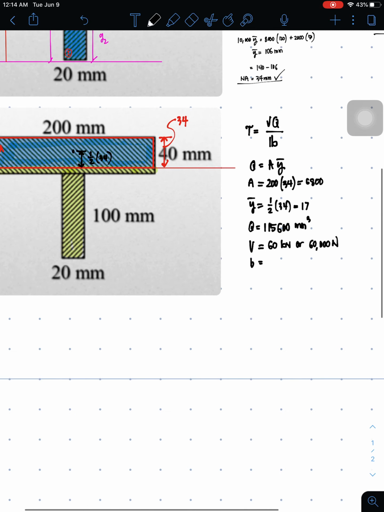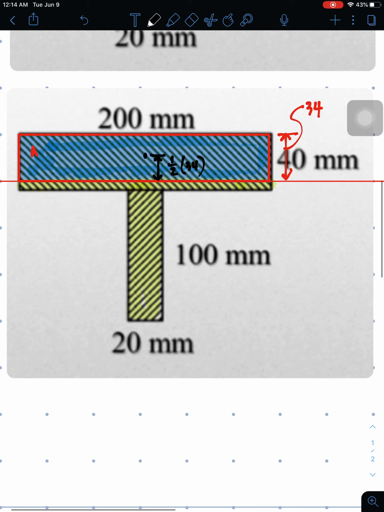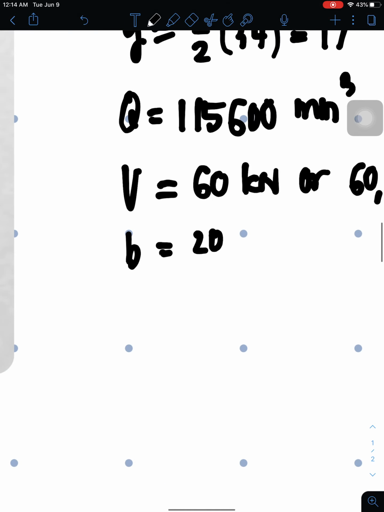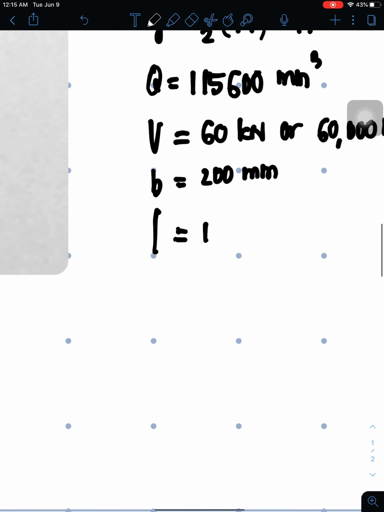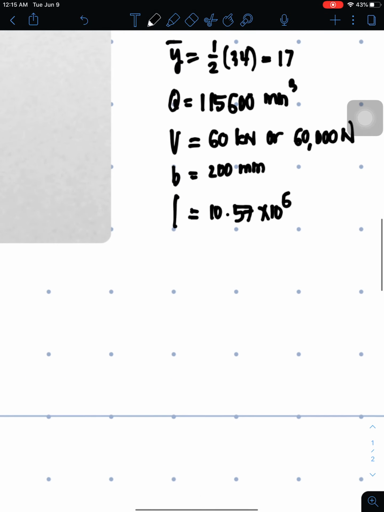Then what is the base that we will be using? Since the stress we are looking for is at the neutral axis, this is the base that passes through the neutral axis, and that's 200 mm. Then our I is 10.57 times 10 to the 6.